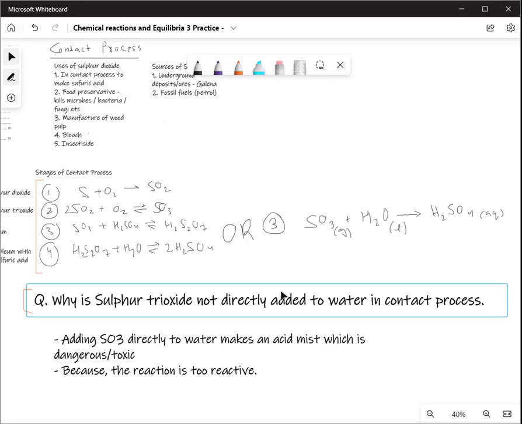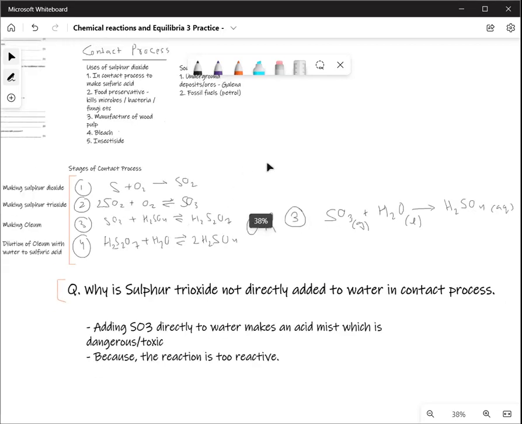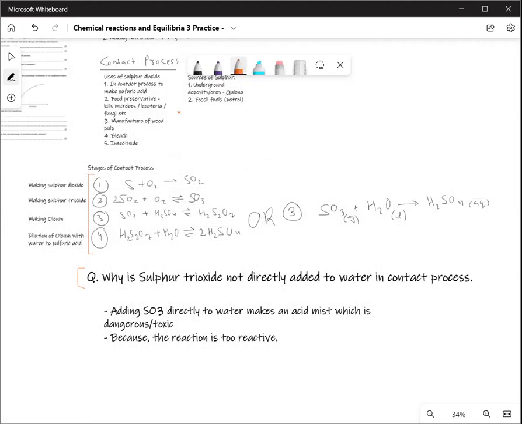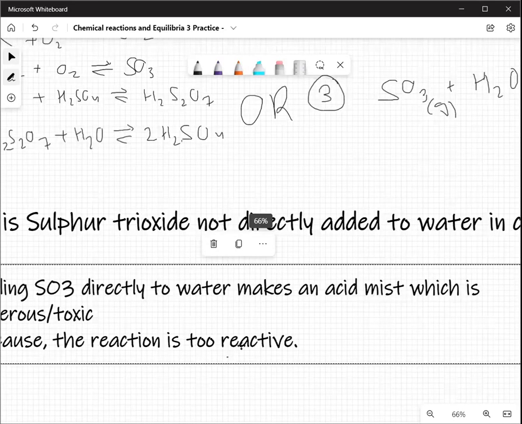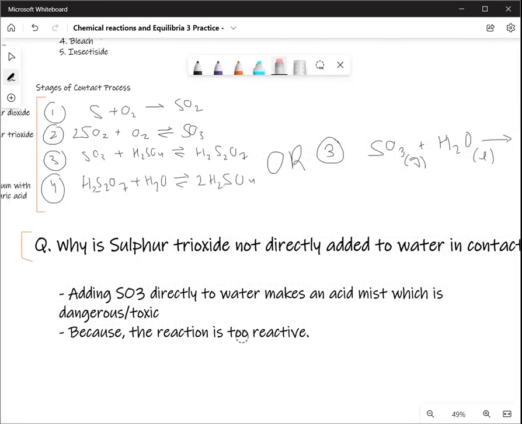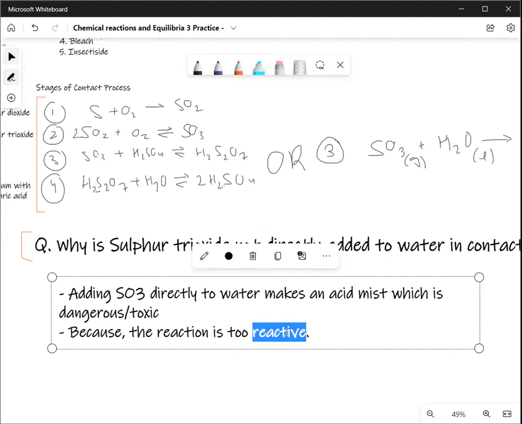Done writing. Now we have to move on. Now you should also write these, the stages of the contact process as well. Okay, I got the word. Violent.